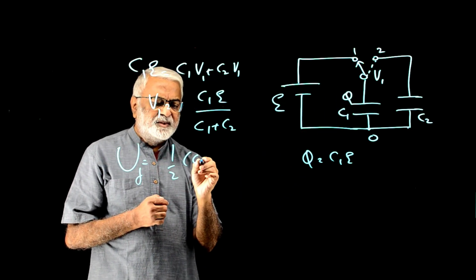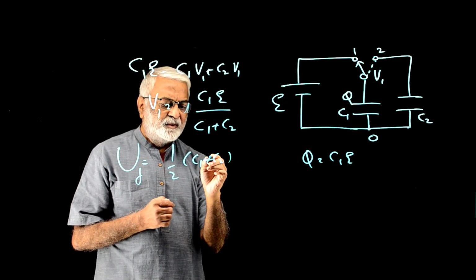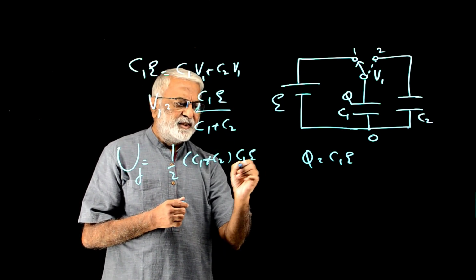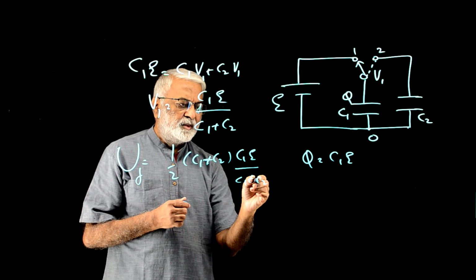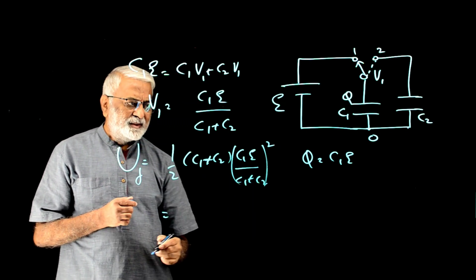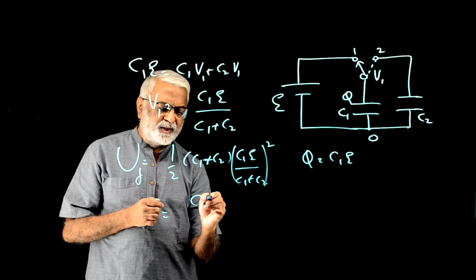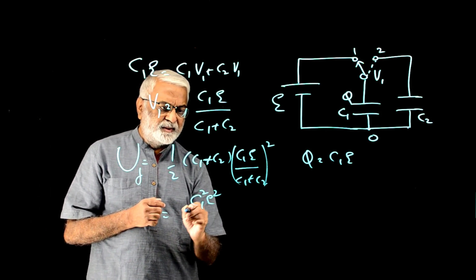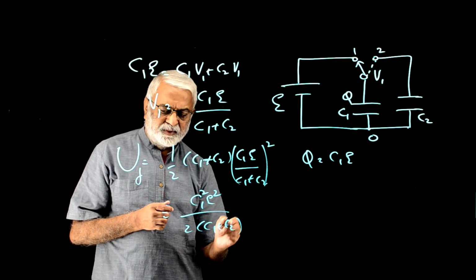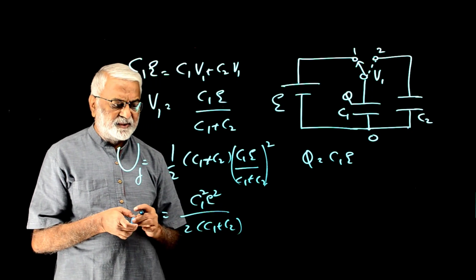So half C1 plus C2 into V1 squared, where V1 is C1E by C1 plus C2, whole squared. So this is C1 squared E squared by 2 C1 plus C2. This is the final energy of the capacitor system.